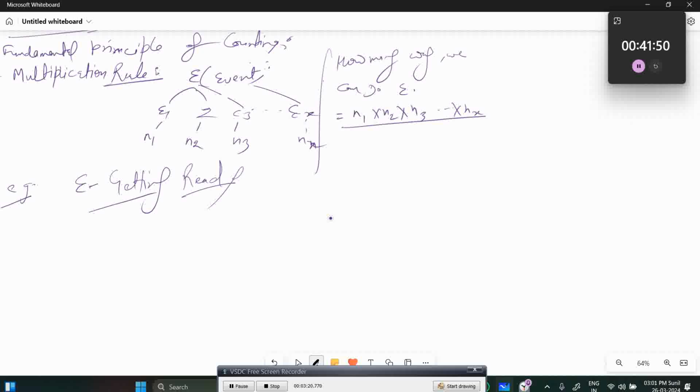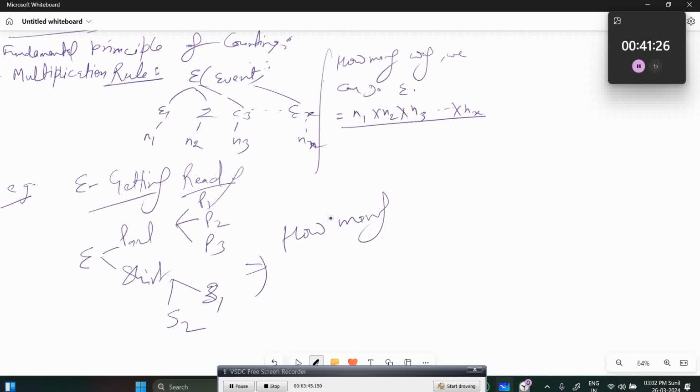We can divide this event into wearing pants and a shirt. There are three choices of pant: pant 1, pant 2, and pant 3. And there are two types of shirt: shirt 1 and shirt 2.